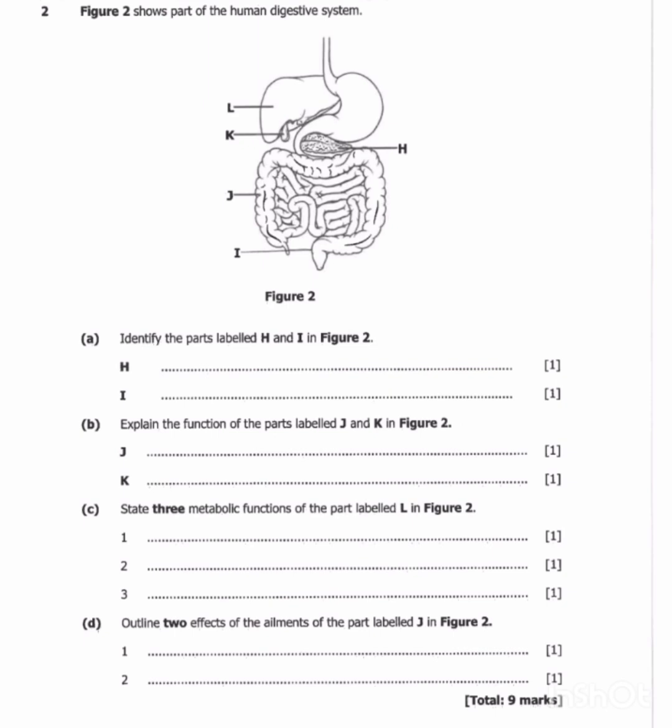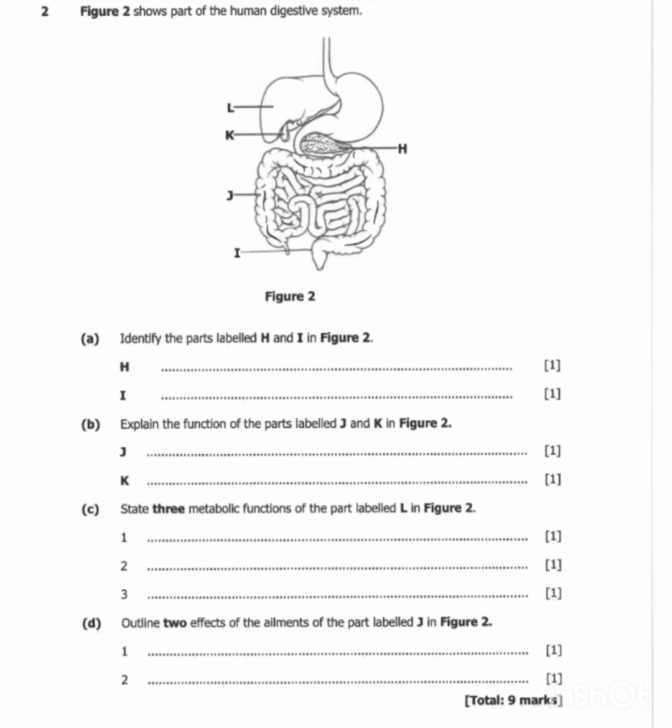The part labeled L, we said, is the liver. The liver has a lot of metabolic functions. They want us to state any 3 metabolic functions of the liver. Number 1, the liver produces bile.